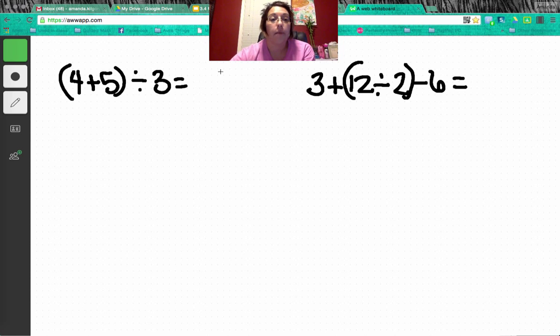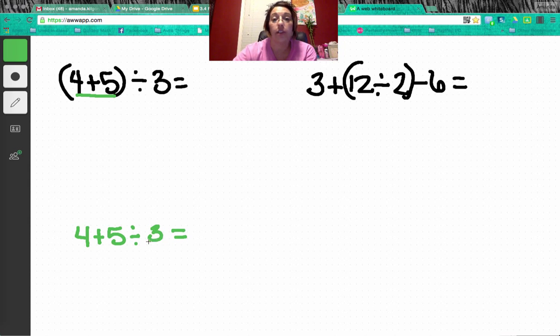When we think about PEMDAS, we know parentheses come first to solve this. So we look at the problem, and the first problem we work is inside. We do that because the parentheses are there. If the parentheses were not there, we would have 4 plus 5 divided by 3.